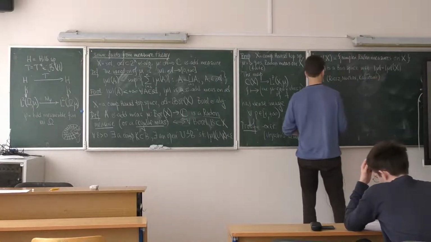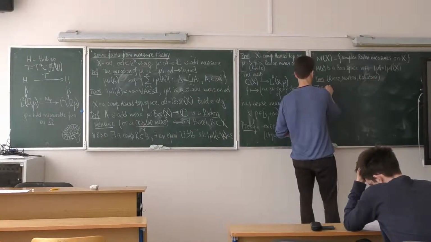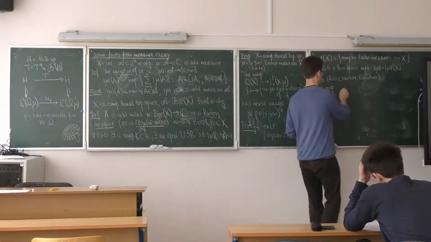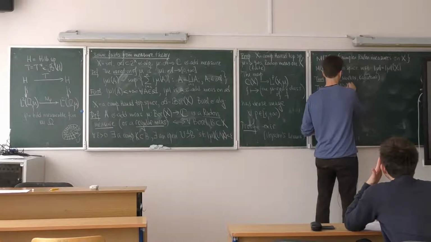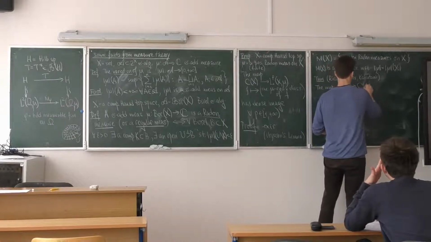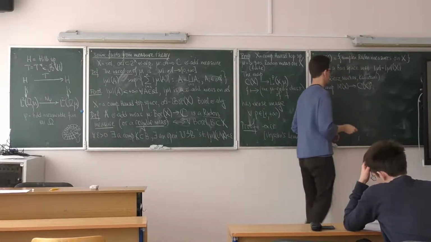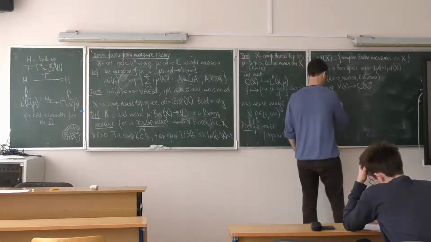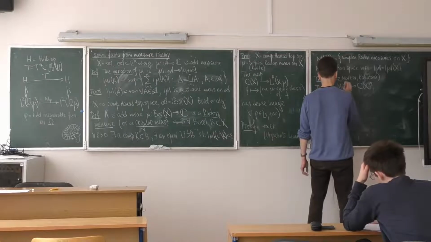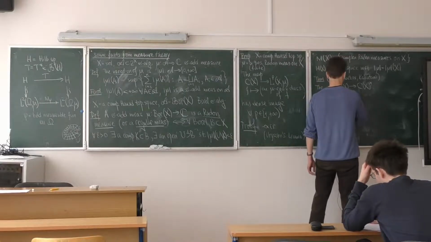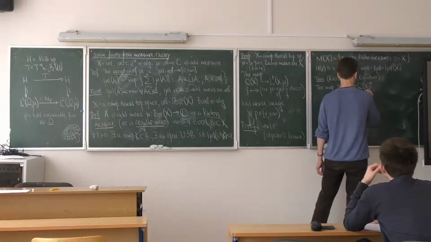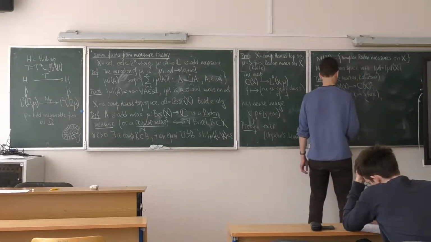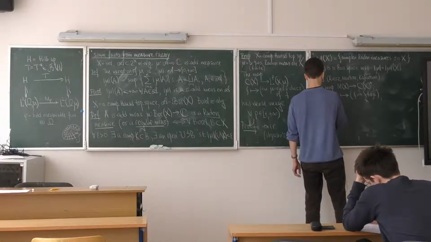This result states that we have an isometric isomorphism between M of X and the dual of C of X. More exactly, the map from M of X to the dual of C of X, which takes each complex Radon measure mu to the integral with respect to this measure, is an isometric isomorphism.